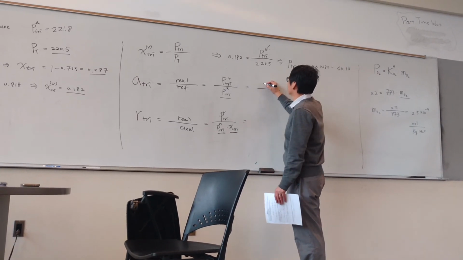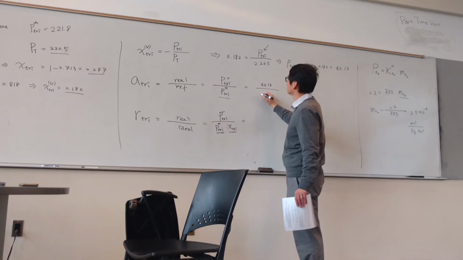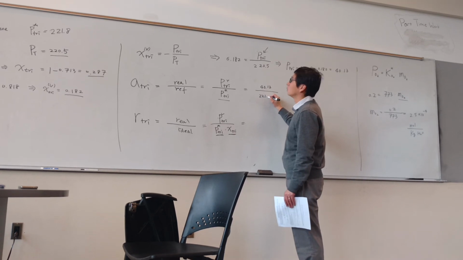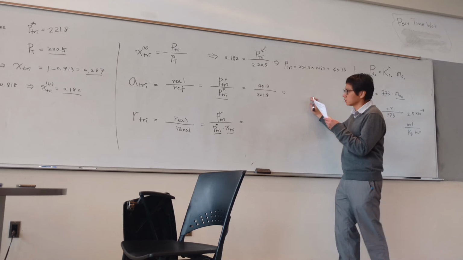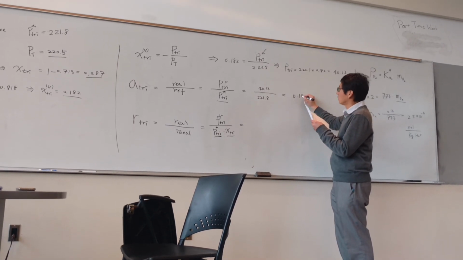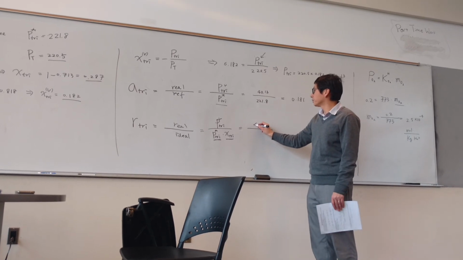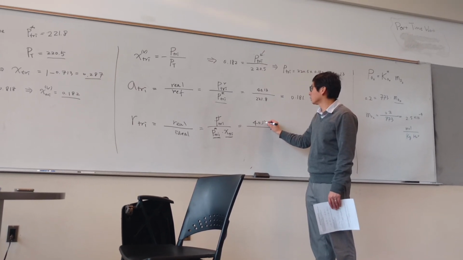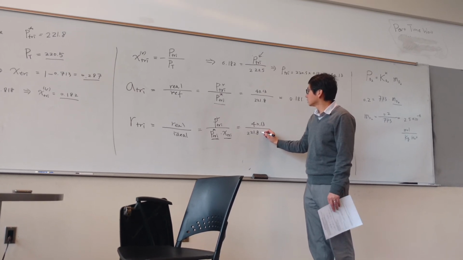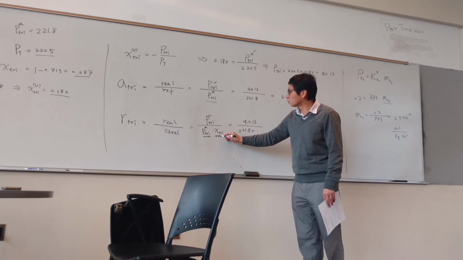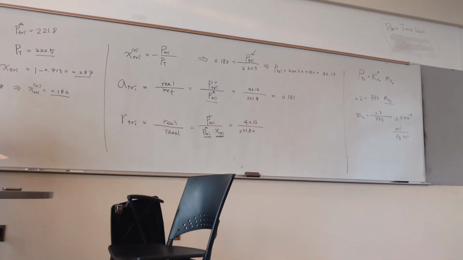Okay? So once you know that, everything becomes very easy, right? Because you now know this is 40.13, and your P star is 221.8. So your activity will equal 0.181. Here the top is still the same, 40.13. At the bottom is this times your mole fraction of trichloromethane in the solution phase, which is this guy.